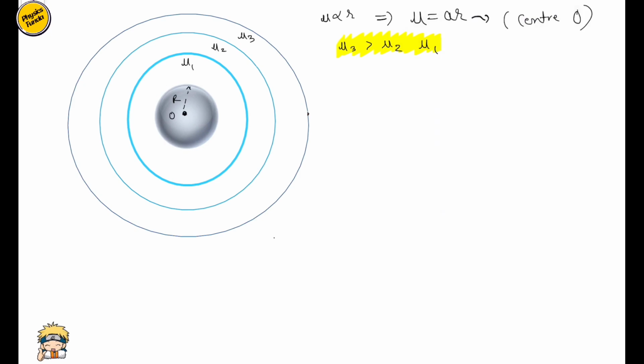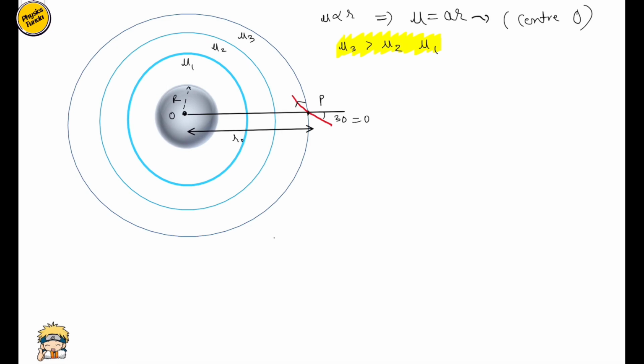Now it is given in the question that from distance r0, a laser beam was directed, somewhat like this, at an angle of 30 degrees, and this was my theta, at point P. What is happening in the figure is that the laser beam is trying to move from higher refractive index to lower refractive index.